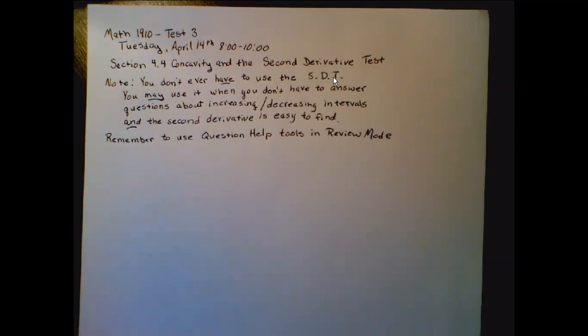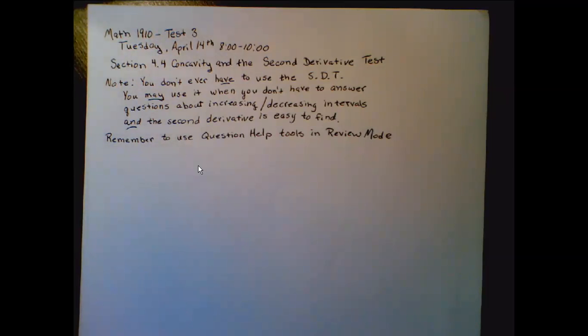What does the second derivative test tell you about? Concavity. Where the second derivative is positive, that tells you your function is concave which way? If your second derivative is positive, what does that tell you about concavity? It's concave up. Second derivative negative is concave down.